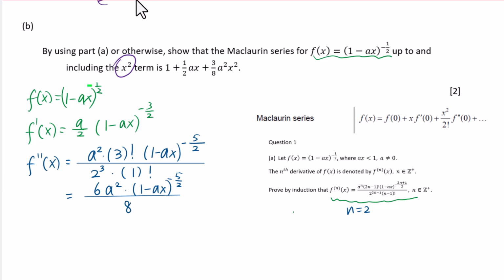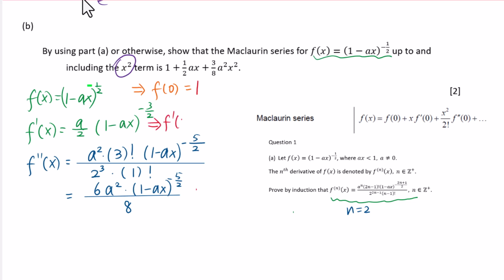Now, we need to figure out f of 0 from f of x. Substitute 0 for x. We get 1.